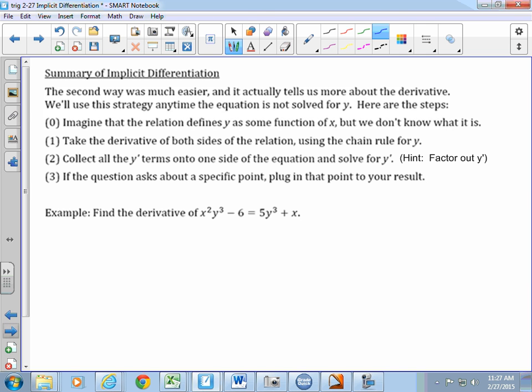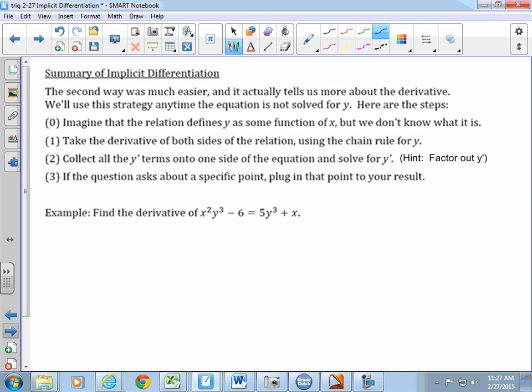I am no longer officially making you do note cards, but this might be something that you might want to have handy. Step 0, it's not really a step because you don't have to do anything. But imagine that y is some function of x. We just don't know what it is.